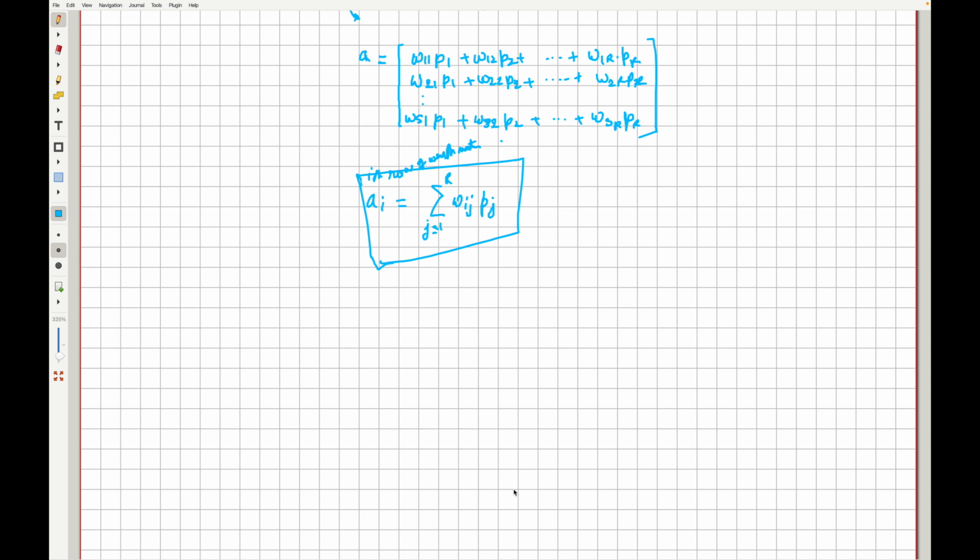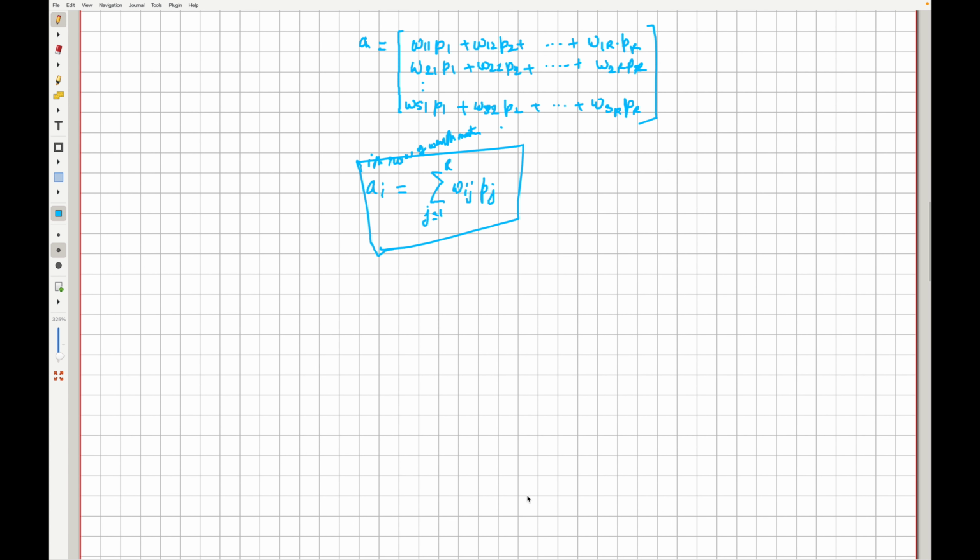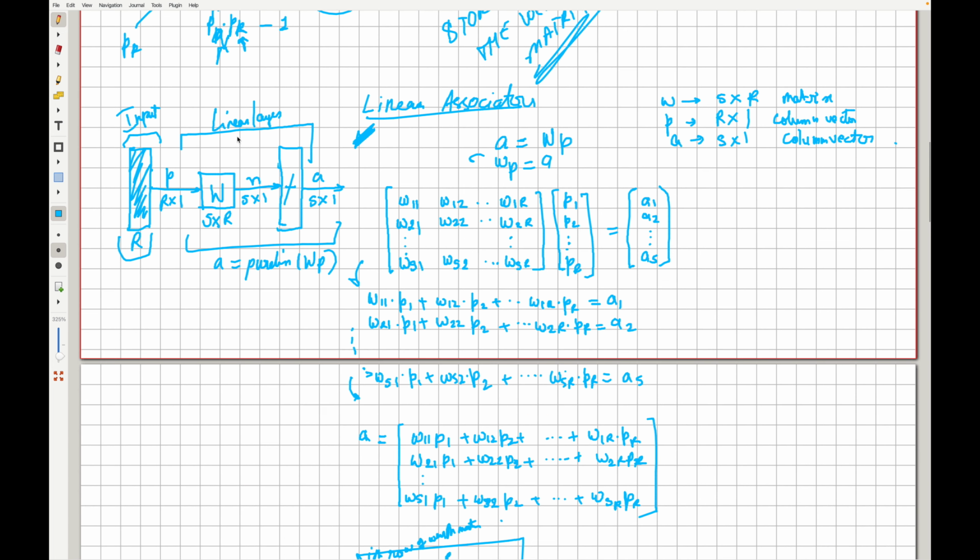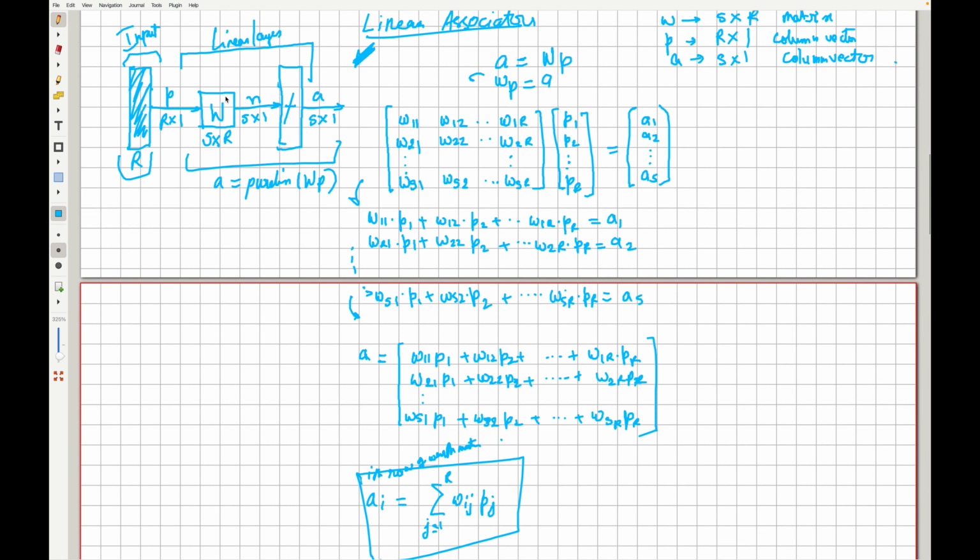The linear associator, as we said earlier, is an example of associative memory, and the task of such a neural network is to learn pairs of input output vectors.